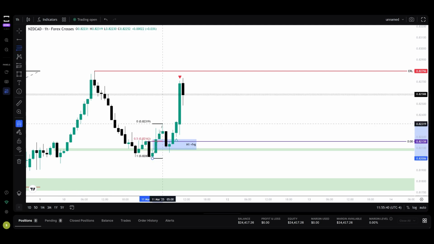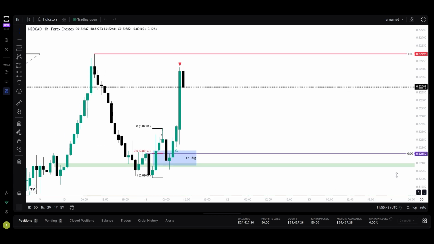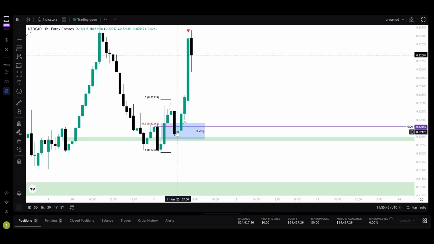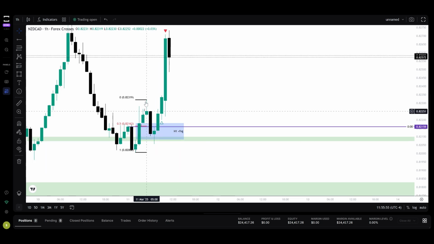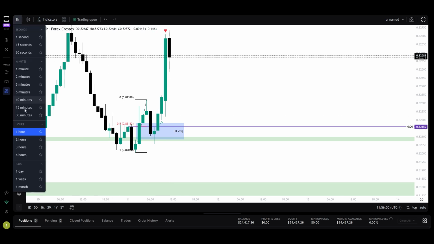I draw a new one here. You see that there? So price is in fair value in a buy program because we're below 50% of that dealing range.